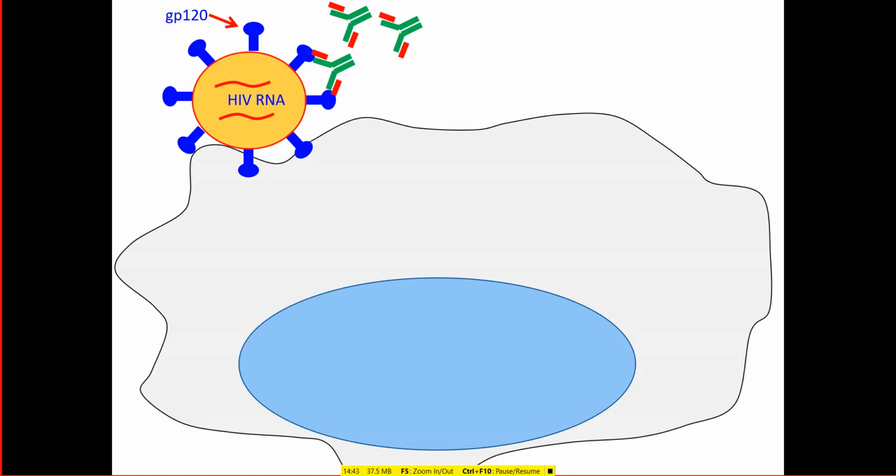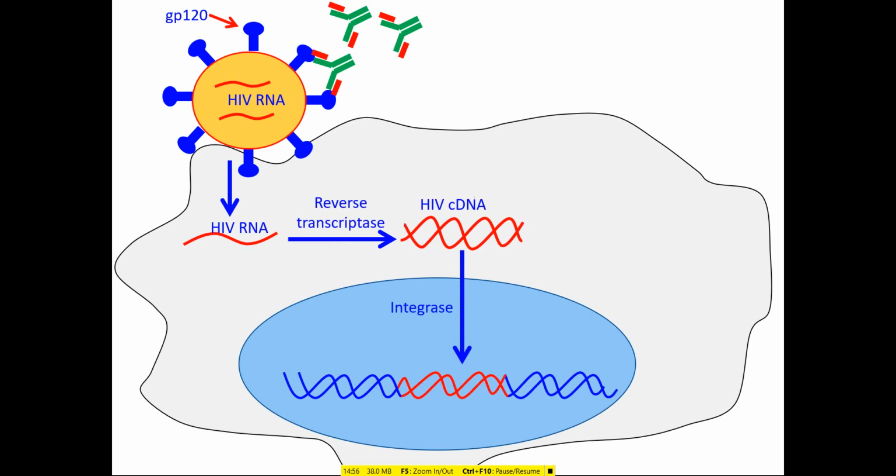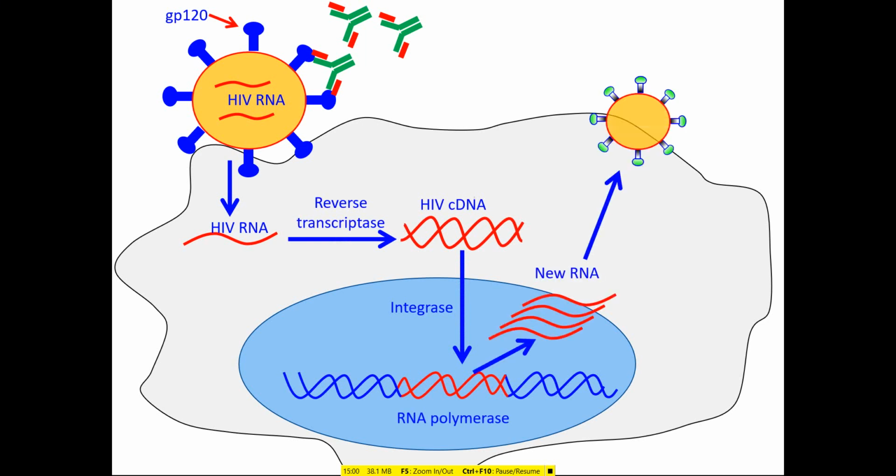However, when the virus infects a cell, the RNA will be internalized. The RNA is reverse transcribed to the so-called complementary DNA, and this complementary DNA will get integrated into the genome, and then it gets transcribed and produces proteins for the new virus. That is why it's called a retrovirus.